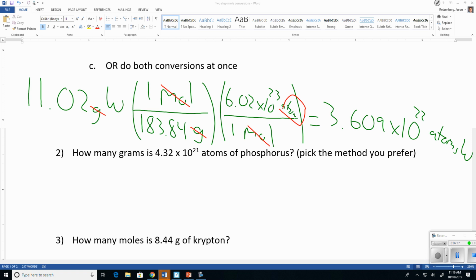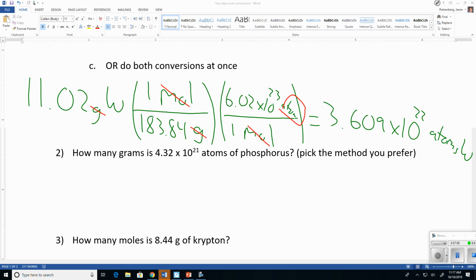I quite frankly wouldn't take off for that though. Because whether or not you call it 3.609 or 3.608 times 10 to the 22nd atoms, some students will do step 1 and then step 2. So they might round off in between like you saw that I did to start. I would prefer us not to round off in between, even if we are doing 1 step at a time.